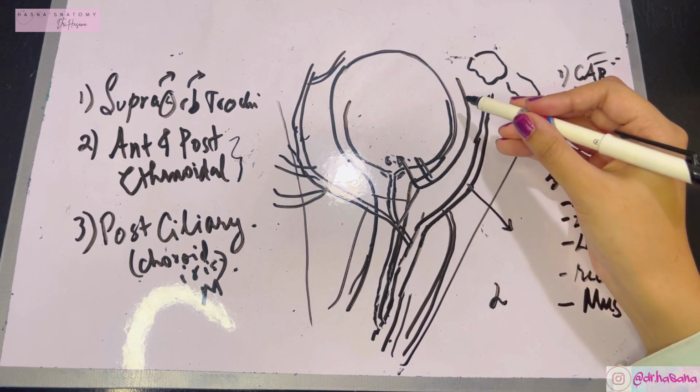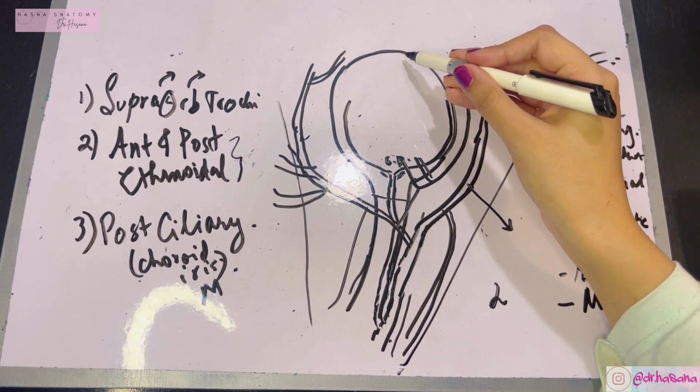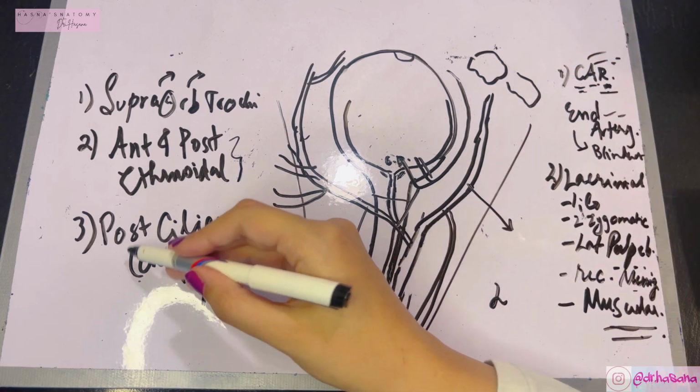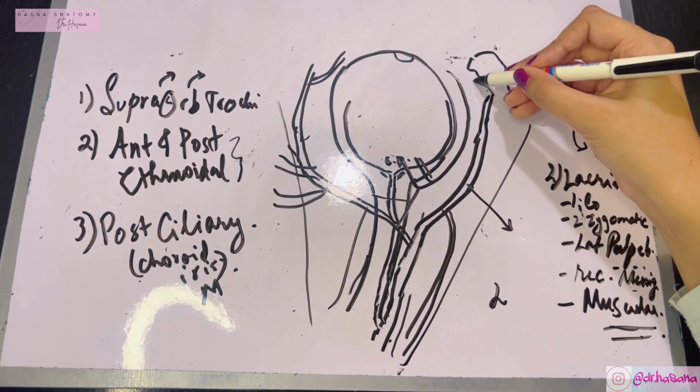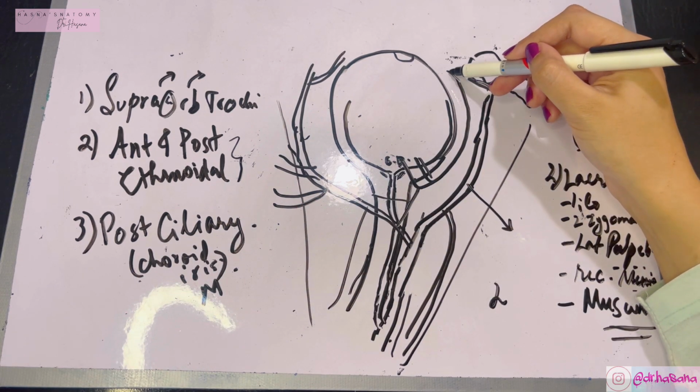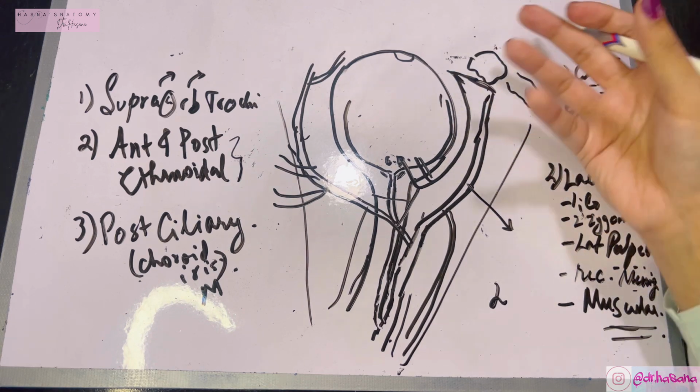These just supply the choroid layer and the iris in the front. What's important is that the muscular branches give a branch known as the anterior ciliary artery. The long posterior ciliary artery will anastomose with that, and they both supply similar areas.